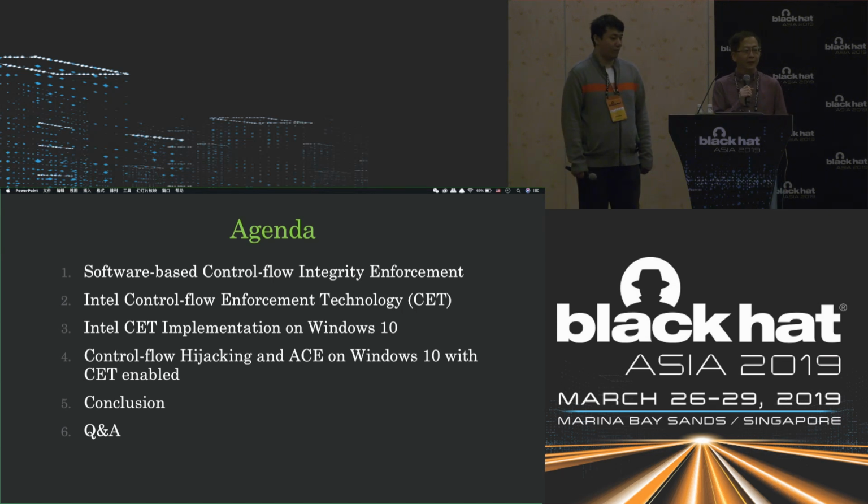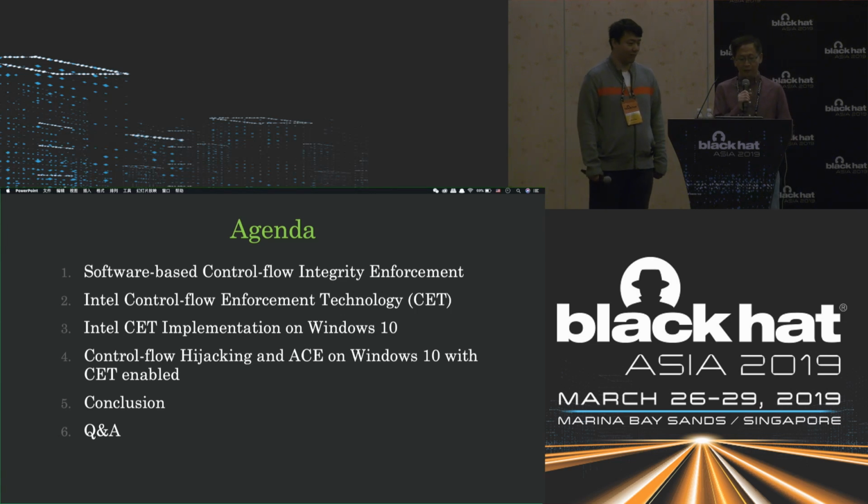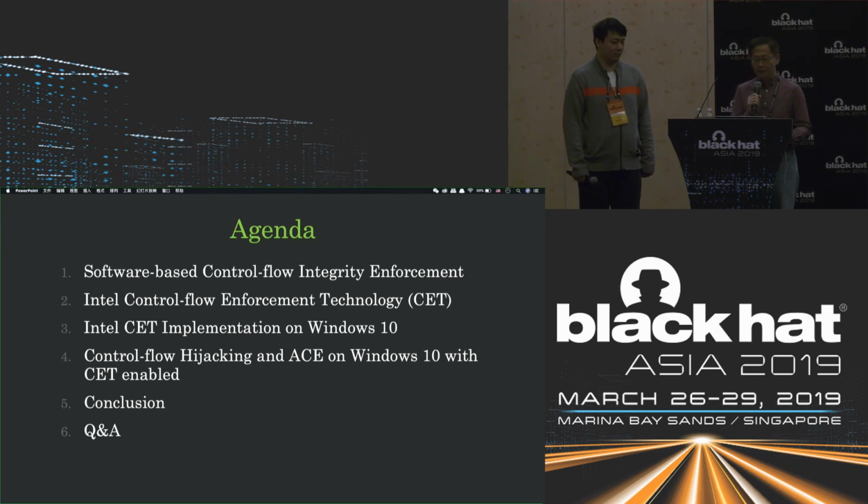Then we'll follow with the implementation of CET on Windows 10. After that, we'll talk about how to attack it, especially control flow hijacking and arbitrary code execution on Windows 10 with CET enabled. And then we'll conclude and have the Q&A.